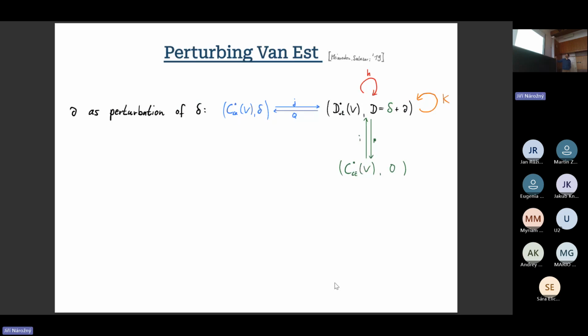Which means we have to deform everything, so we deform our homotopy, we deform our J, which luckily here does not get deformed at all. We have to deform our Q, and we deform our differential on the coalgebra complex, which was 0 before. And now it becomes exactly the coalgebra differential we want.